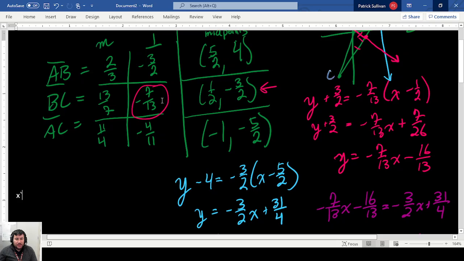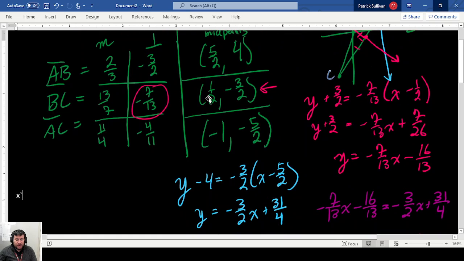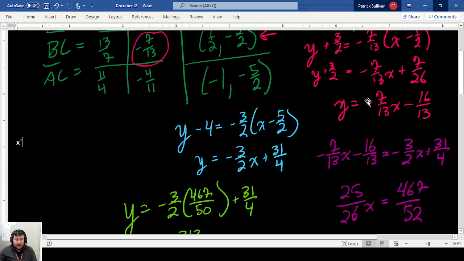So there's my perpendicular slope. Again, I need the slope of the line that is perpendicular to CB and passes through its midpoint. So that's why I chose the midpoint and the perpendicular slope. Then this is just simplifying, and I get y equals negative 7/13 x minus 16/3.